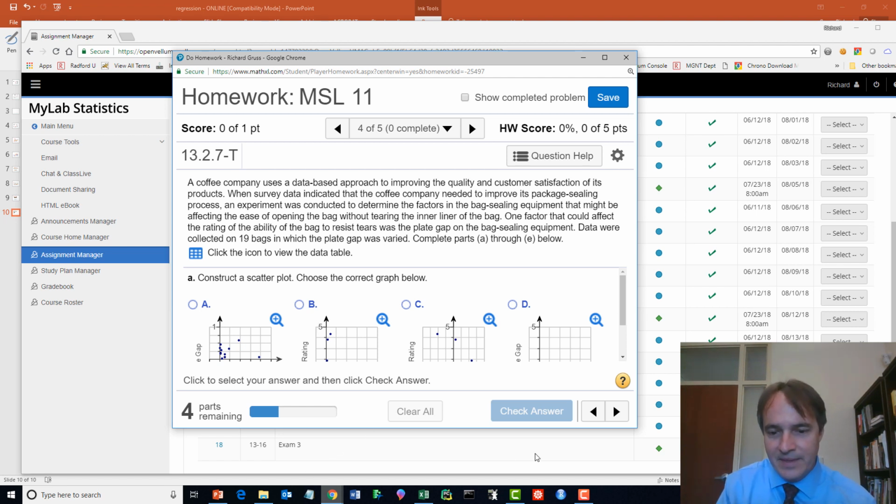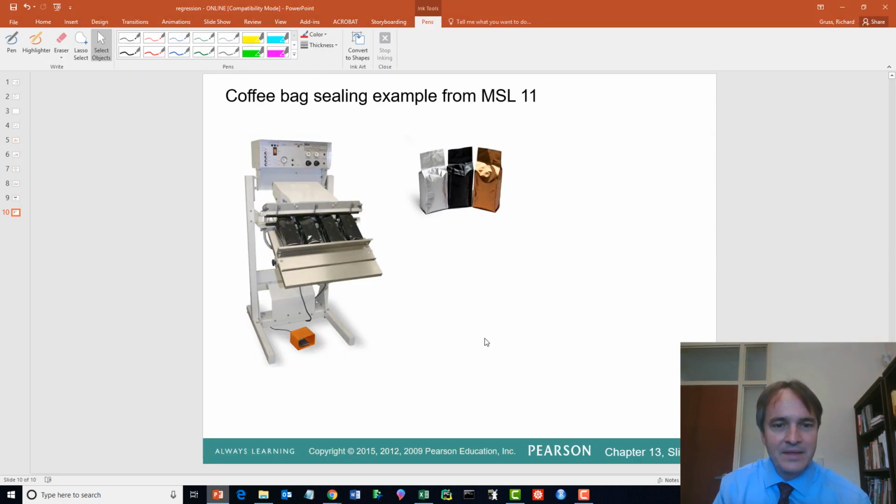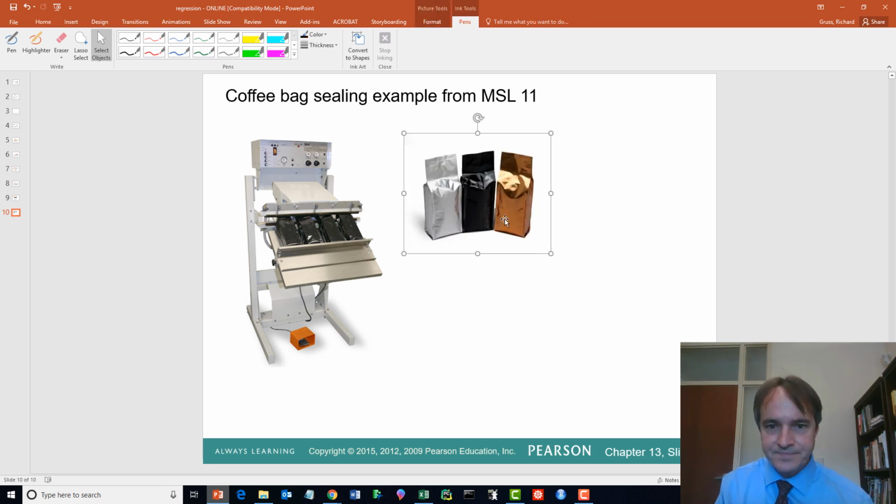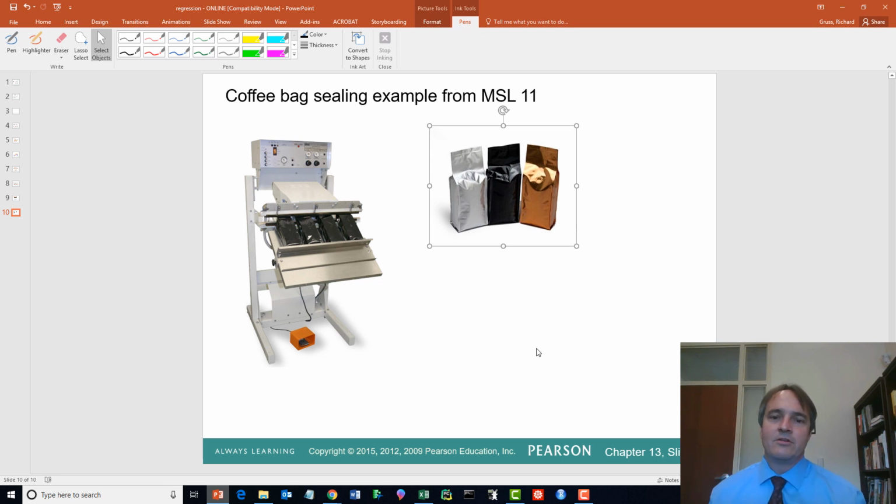Okay, so just to back up a little bit, just to understand the context of the problem a little bit better. So the idea is that we have this company that makes these bags of coffee, and the bags have to really be airtight, maybe with a little valve to let some air escape in order to preserve the coffee, because coffee taste starts deteriorating as soon as you grind it.